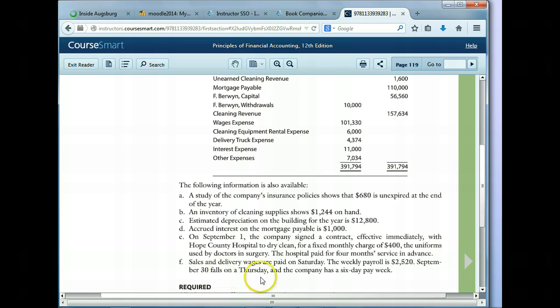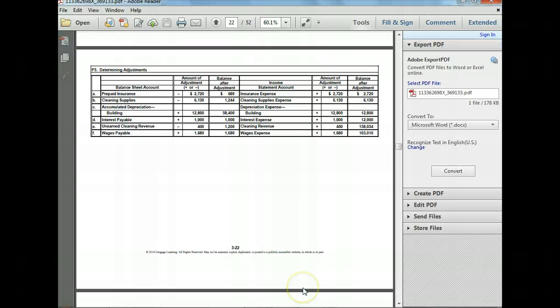September 30th falls on a Thursday, and the company has a 6-day pay week. So we know that the wages will be paid on a Saturday, but because the end of the month falls on a Thursday, we're going to need to accrue those wages payable for the month of September.